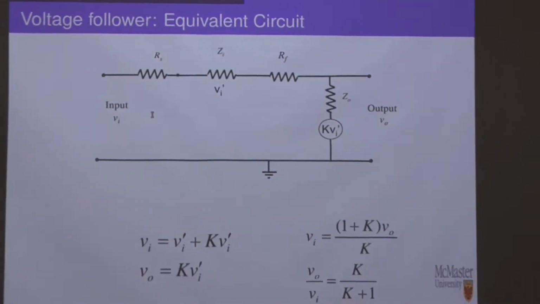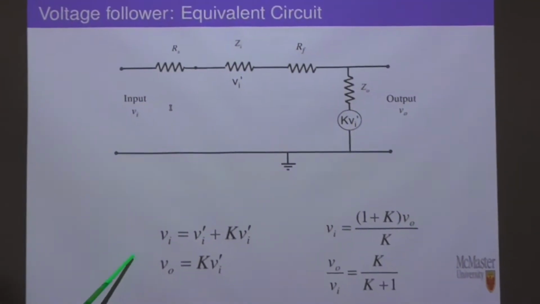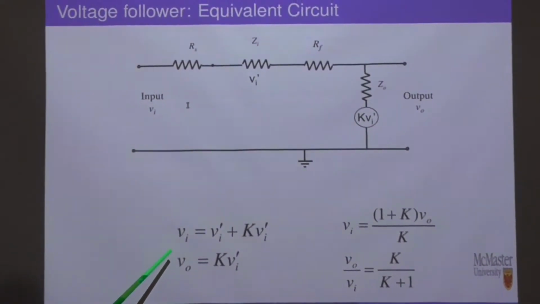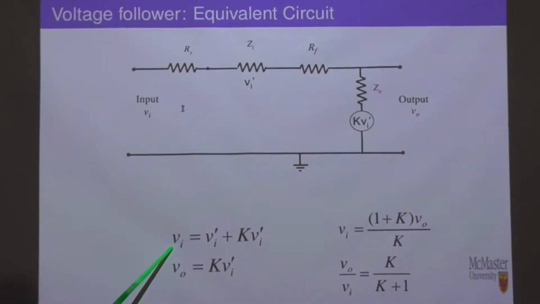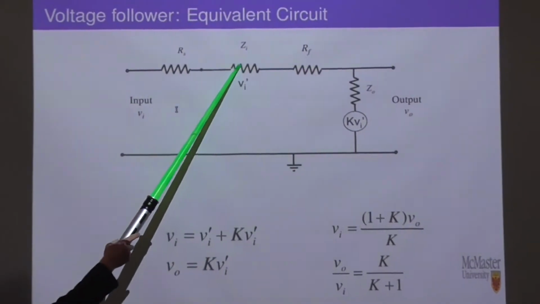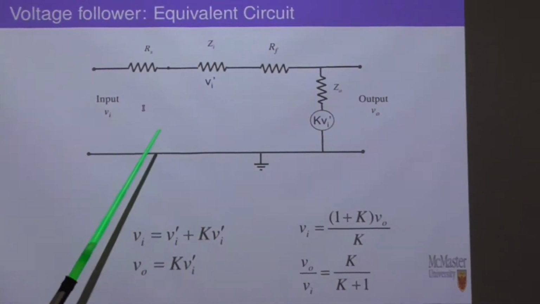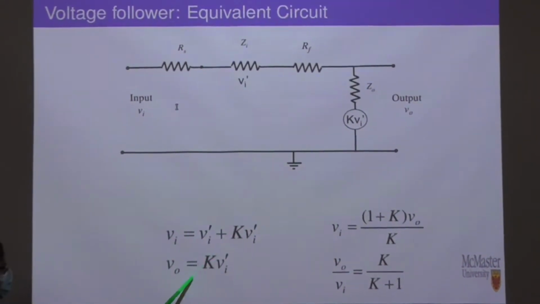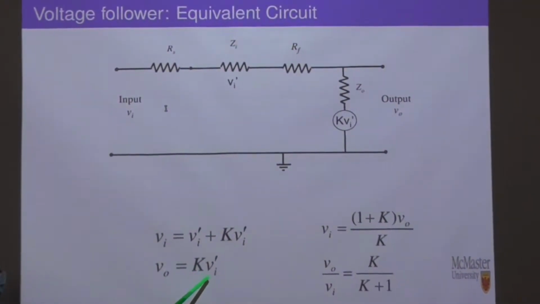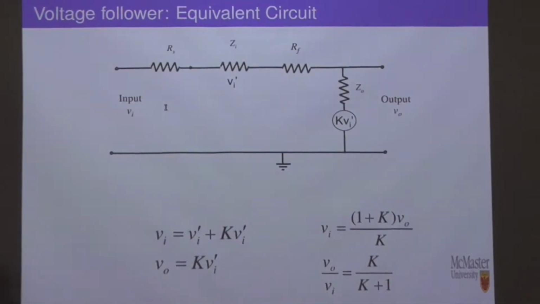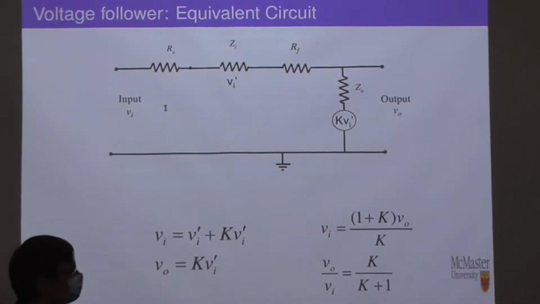So in this case, Vi is equal to Vi prime, which is the voltage across this input resistor, plus K times Vi prime. Vo is equal to K times Vi prime, because that's what op-amps do.